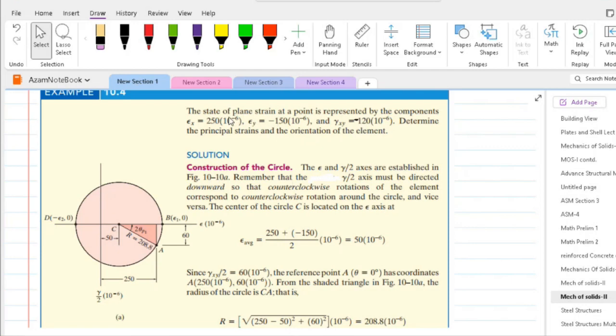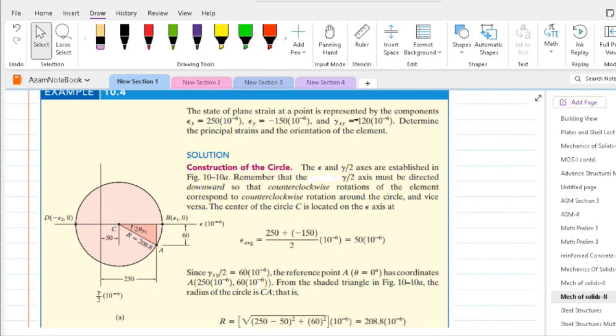The given state of plane strain has epsilon x in the positive direction, hence extension, epsilon y in negative direction, hence shortening, and gamma xy again negative, hence caused by shear stress in counterclockwise direction.